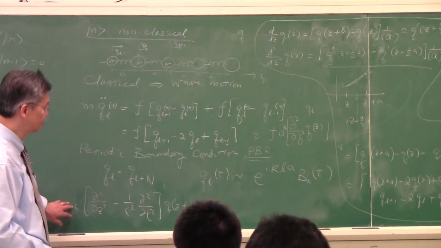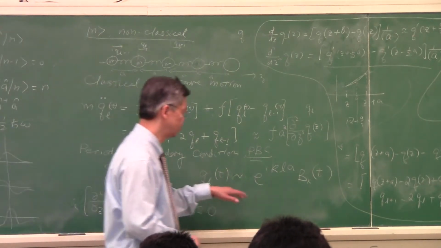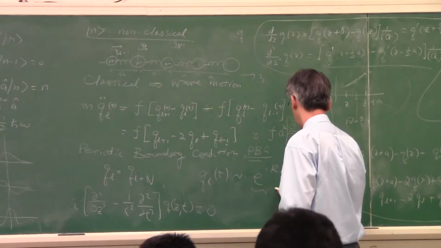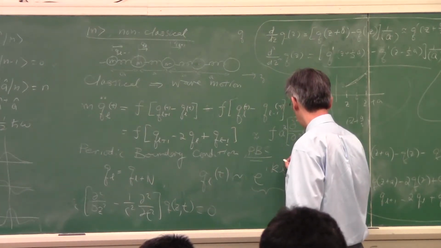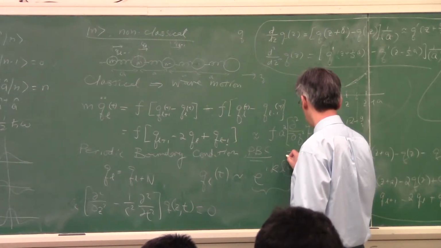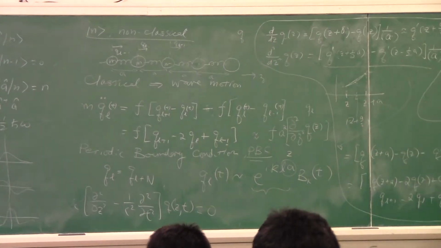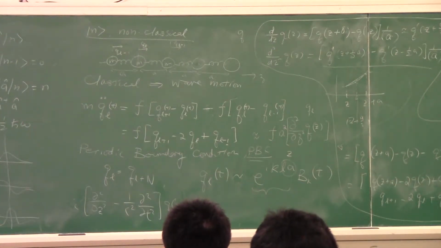So it's like a wave equation. Because it's like a wave equation, why don't we propose a plane wave like solution? And then this l a is just z, the position of the particle. Okay, so we propose this kind of solution.